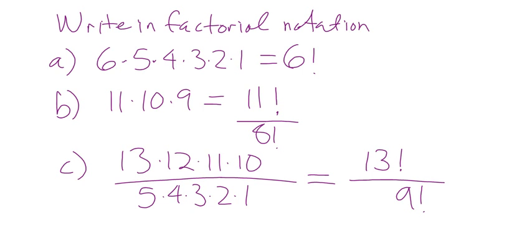And what's left on the bottom? Okay, so we've got 13 times 12 times 11 times 10, that's 13 factorial, right? But it ended at 10, so we've got to get rid of 9 on down. So the 9 factorial gives me basically the 13, 12, 11, 10. And we want 5 factorial, so we throw 5 factorial in there.